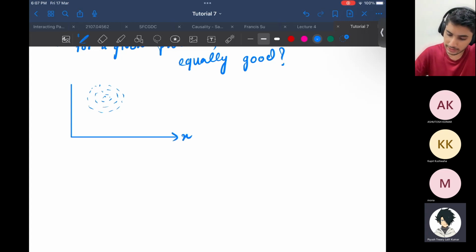Let's say this is X and this is your Y. If you are asked to fit a model, basically the model should take X as input and predict Y. So you said, okay, fine, I will use a linear model or linear regression.